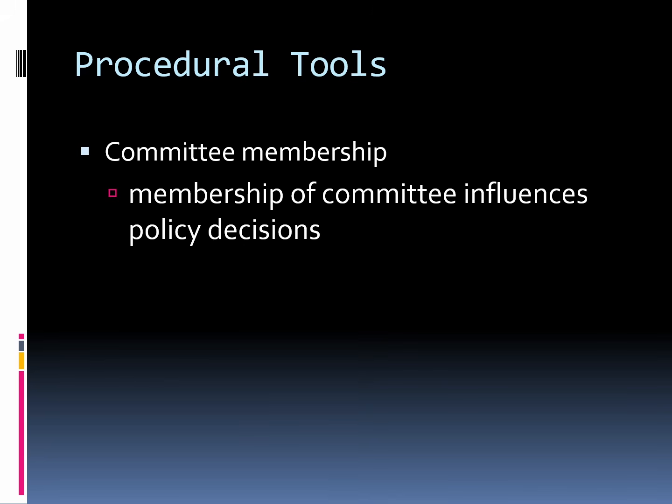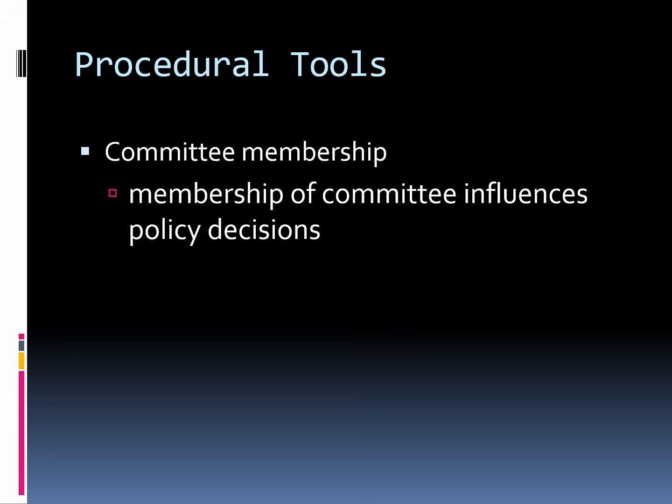Okay, I talked about the committees, and the importance of the committee membership is this. Whoever's serving on the committees is going to look at a piece of legislation. They are going to recommend that it be passed or not be passed. They can change it. I mean, there are many ways that a bill can be changed along the way. But the important part is this: it influences the way that the laws are going to come out.